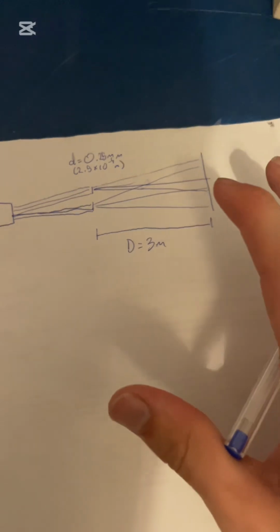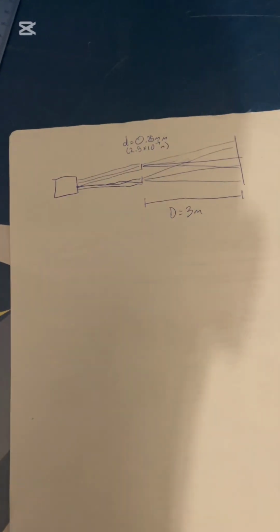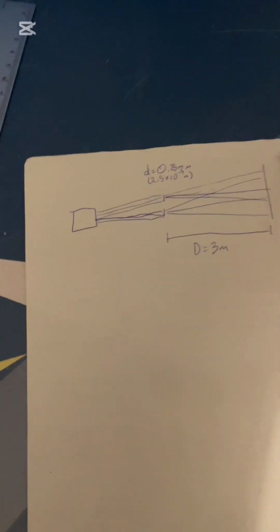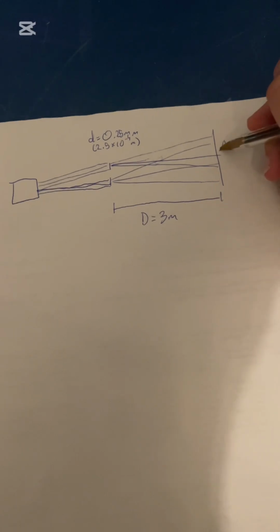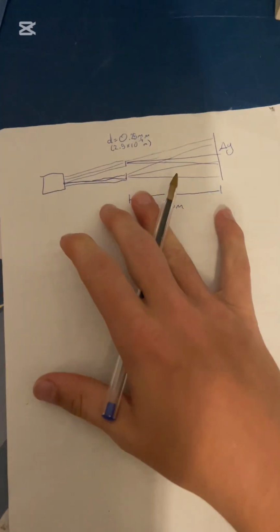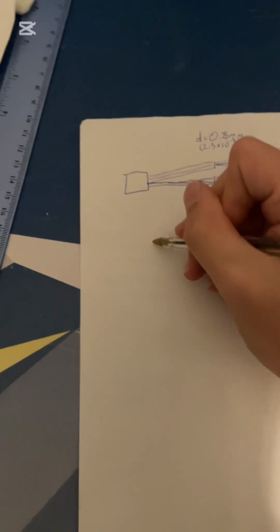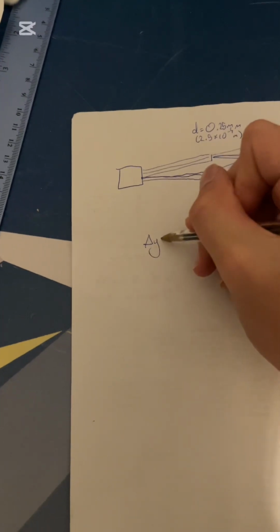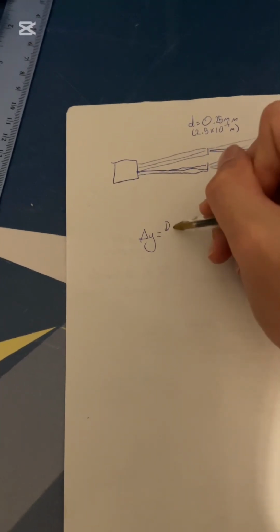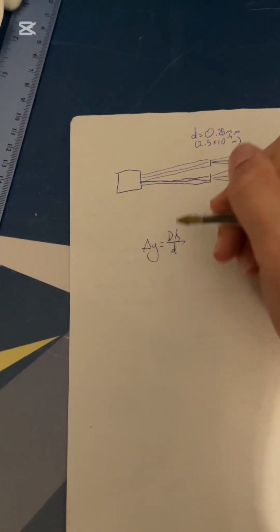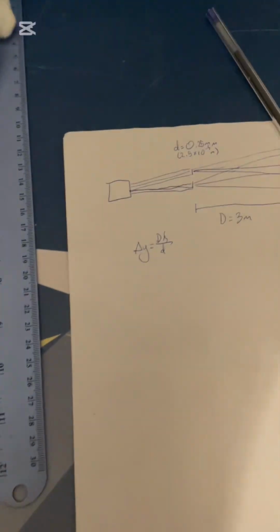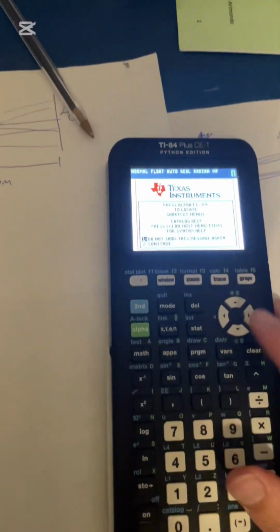Now, the reason why it's beneficial to use wavelengths between 500 and 700 nanometers is simply because of the fringe spacing, or delta y. So, for example, if we used, let's say, a wavelength of 400 nanometers, and we use the equation delta y is equal to lambda D over small d, and we plug that into the calculator.